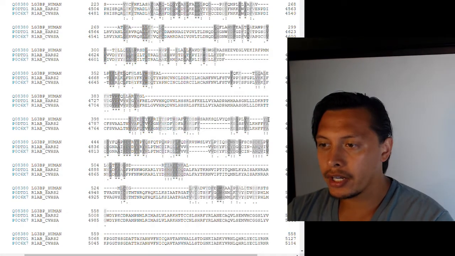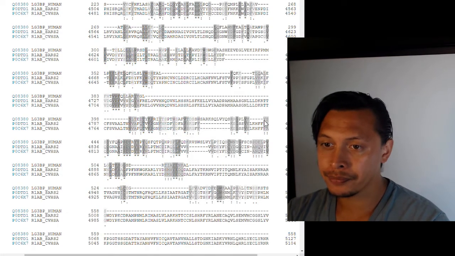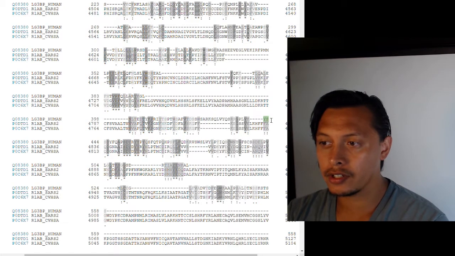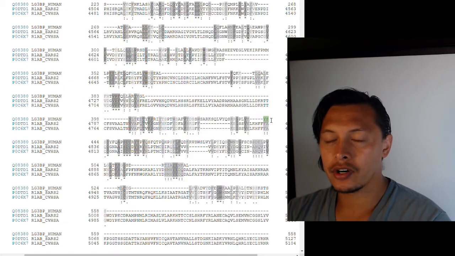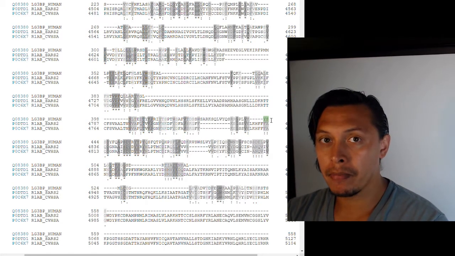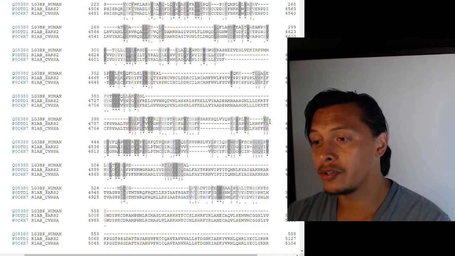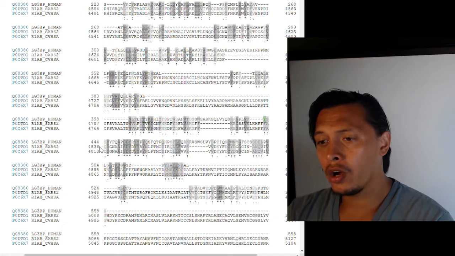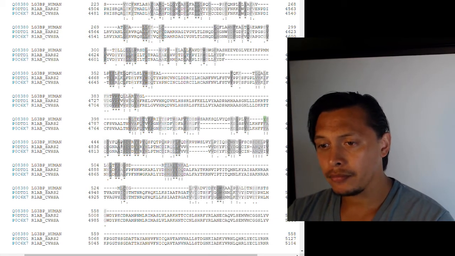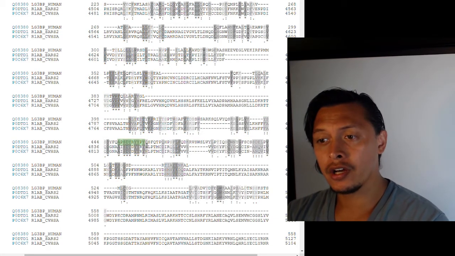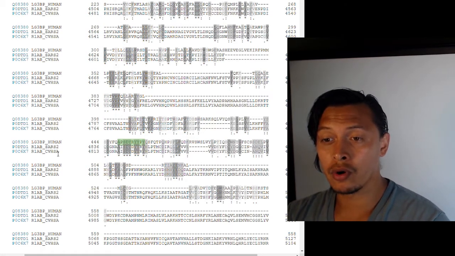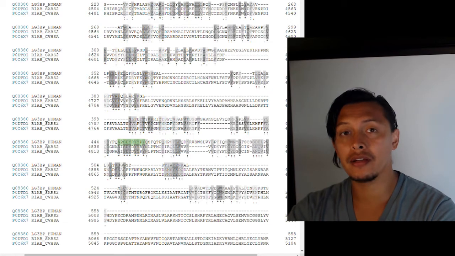Well, here is 442 on the human Galectin-3 binding protein. So this is where it's at, and it actually seems to correlate pretty well with an area that has a lot of homology with the SARS coronavirus. And I misspoke.